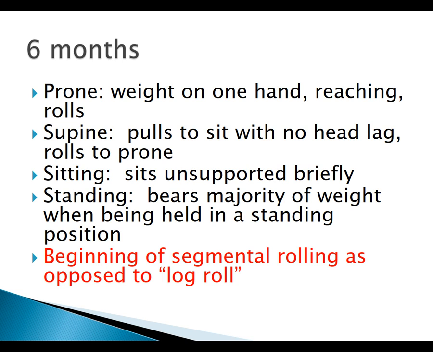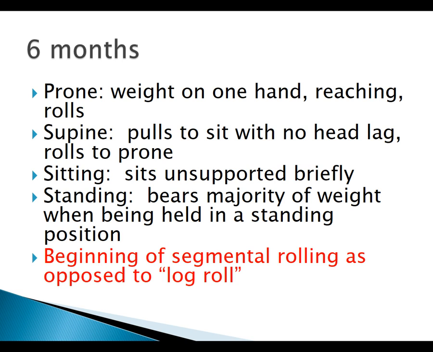Alright, so by 6 months, we should be able to pull to sit with no head lag. They should be able to roll pretty consistently and sit unsupported for a short amount of time. And this is the beginning of segmental rolling as opposed to a log roll.